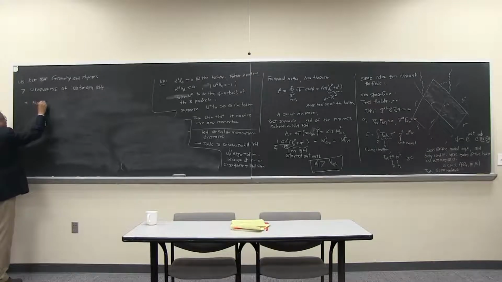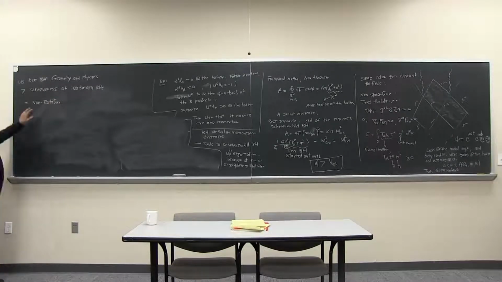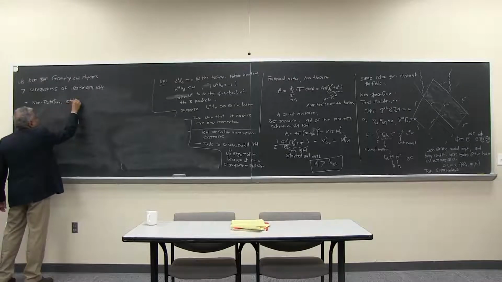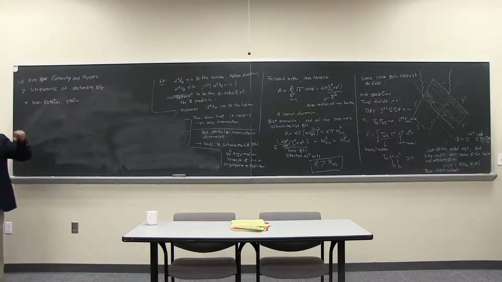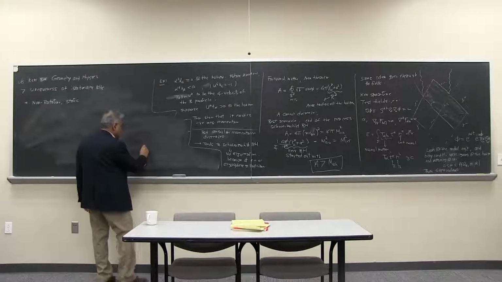Non-rotating black hole, non-rotating. I misspoke, I meant non-rotating stationary black hole, time independent. And if it is non-rotating, then the vector field is hypersurface orthogonal, and then it is static. So let me just write down here once and for all.